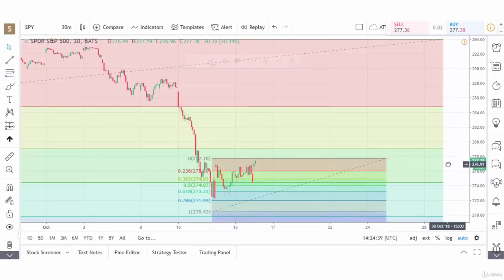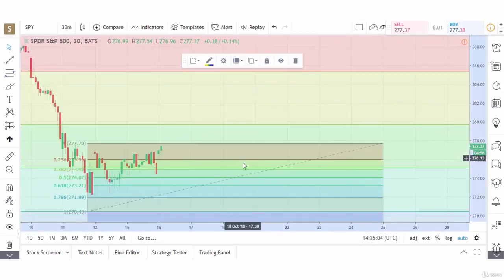We click that to lock our lines in place, and what we're looking for now with this chart are overlapping lines. So here, you can see this was the 50% retracement level on our daily chart. It's also the 38.2% retracement level on our 30-minute chart. So we're going to look for that to be support if the S&P pulls back.